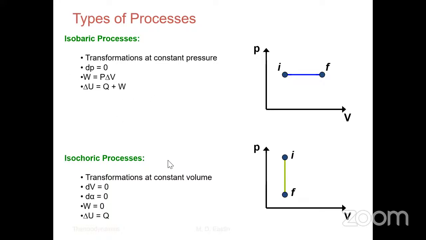When there is no change in volume, you now have your delta U as Q. We're making use of that relationship between the internal energy, heat, and work. That is what we're using in all these relationships.